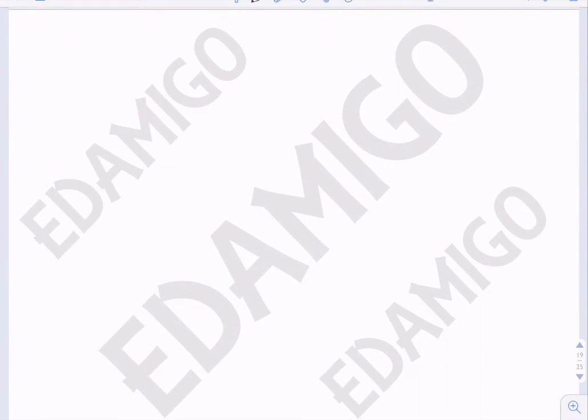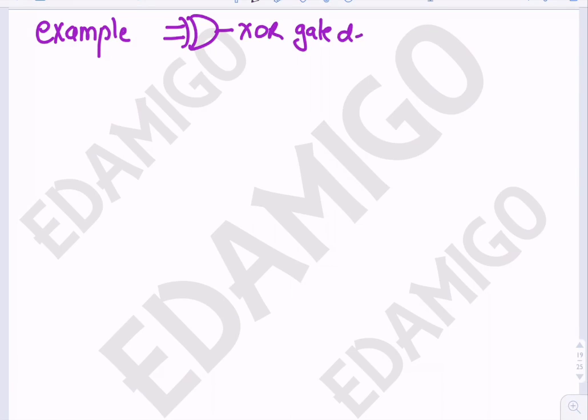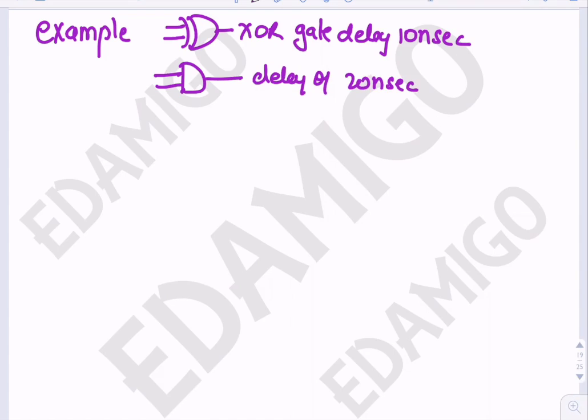Let us do one example here. Suppose it is given that the XOR gate has a delay of 10 nanoseconds, the AND gate has a delay of 20 nanoseconds, and the OR gate has a delay of 10 nanoseconds.